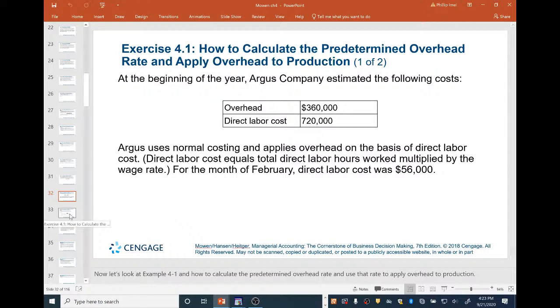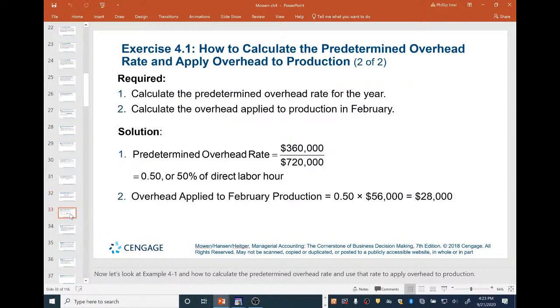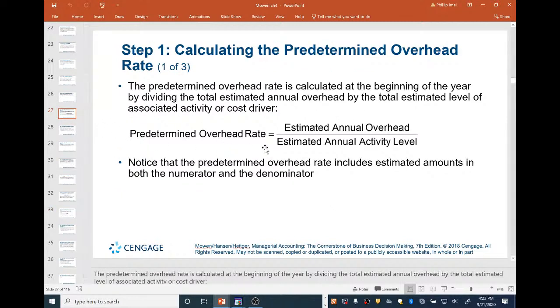So let's just take a look at an example right here because we're going to work through another one out of the back of the book shortly. Calculate the predetermined overhead rate for the year. Remember, the predetermined overhead rate is this formula right here: estimated annual overhead over the estimated annual activity level, right?